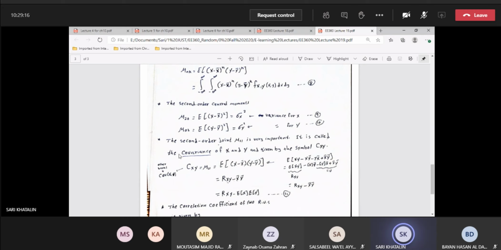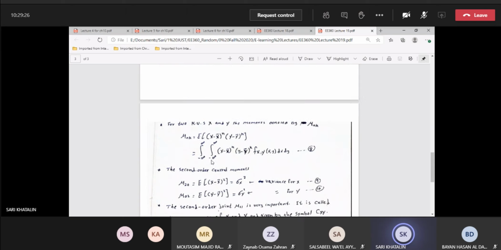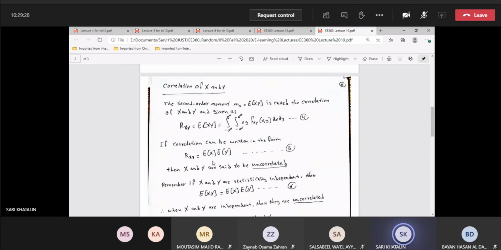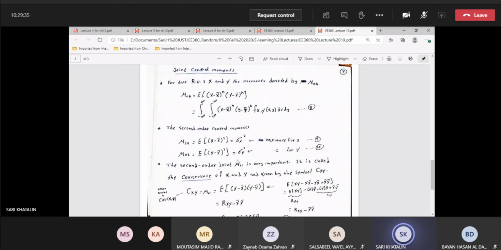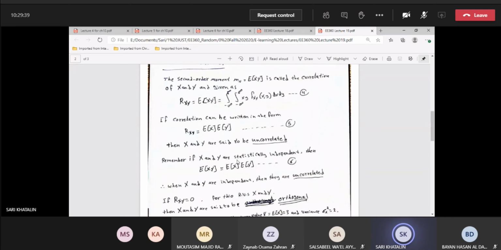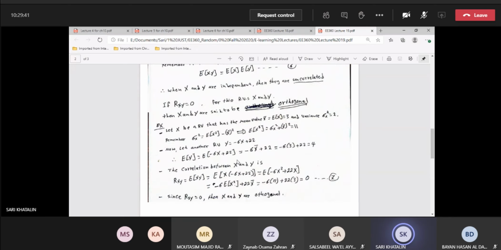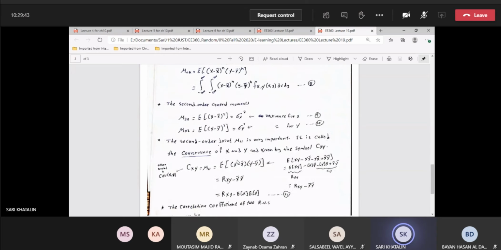Now the second order joint moment, mu 1, is called covariance. If you go back here, m's 1 we called correlation, but the second order joint moment is called covariance.